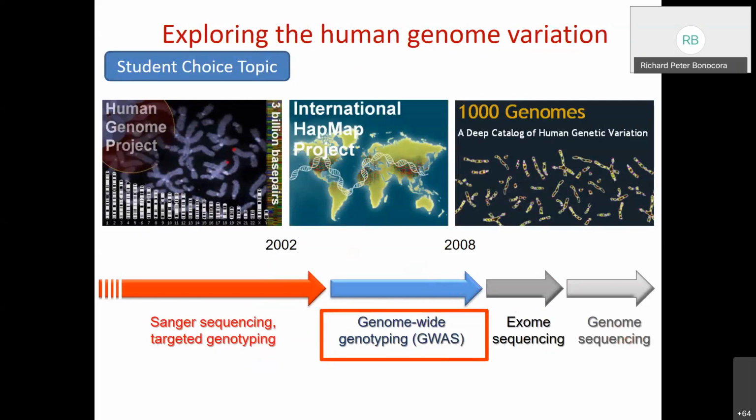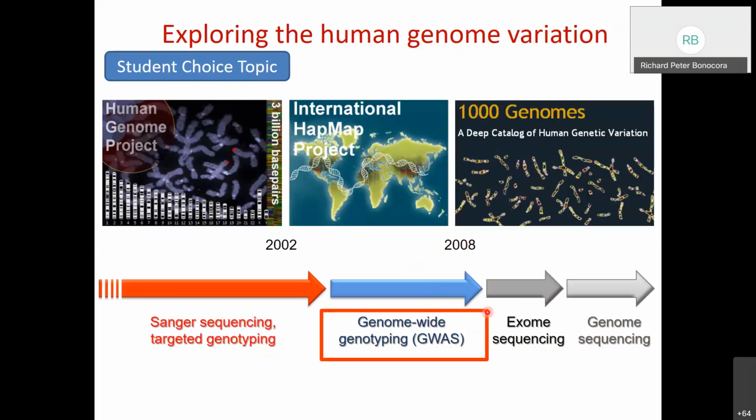We've talked about the Human Genome Project, and then we started to sequence and determine the genomes from multiple individuals. We'll talk about HapMaps in a little bit, and sequencing 1,000 genomes. This was quite some time ago, and so there are more and more genomes being sequenced.